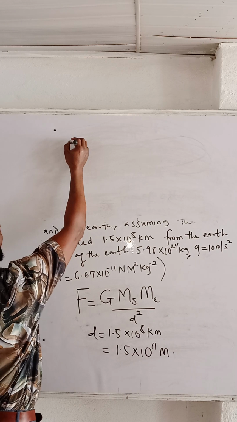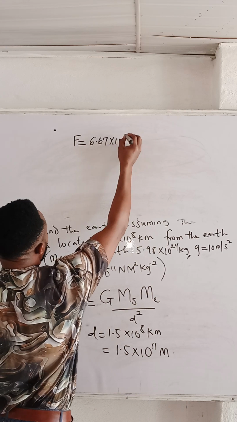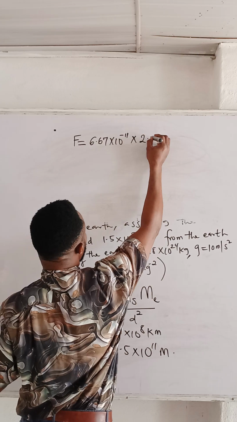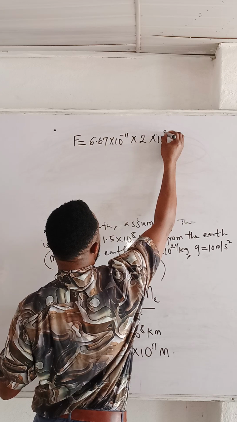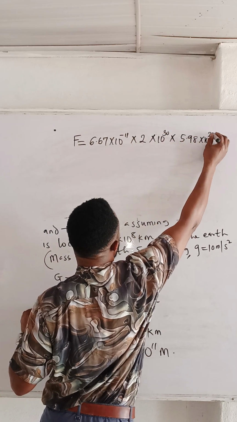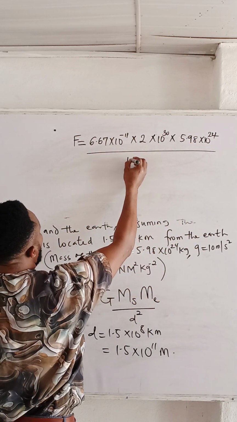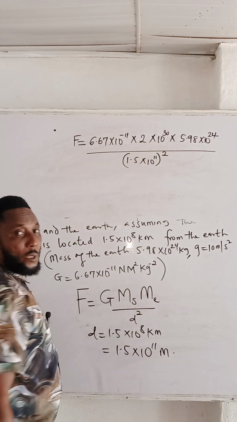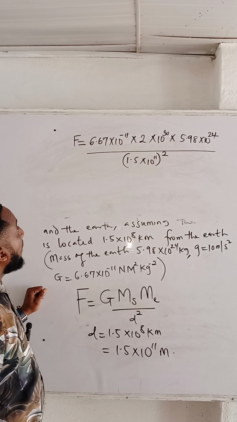We have F equal to 6.67 times 10 to the power of minus 11, multiplied by the mass of the Sun, 2.00, 2 times 10 to the power of 30, multiplied by 5.98 times 10 to the power of 24, all divided by 1.5 times 10 to the power of 11, all squared. That's what we have. Now this is the work of a calculator.